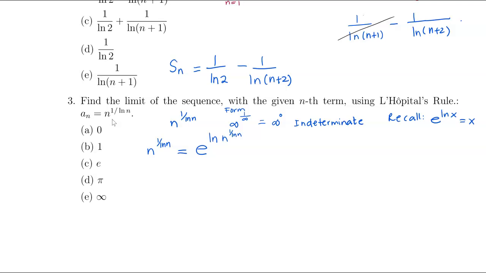And then you apply the property for logarithm, that you could bring down the power. Okay, so that's the power rule. So this is equal to e to the 1 over ln n times ln n.